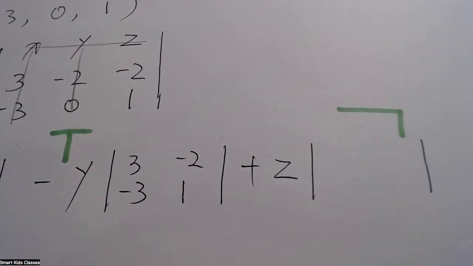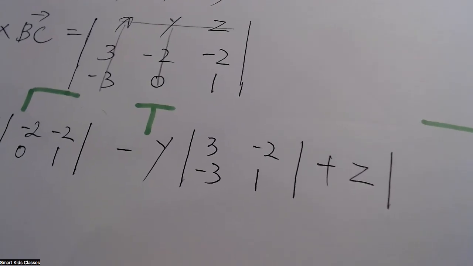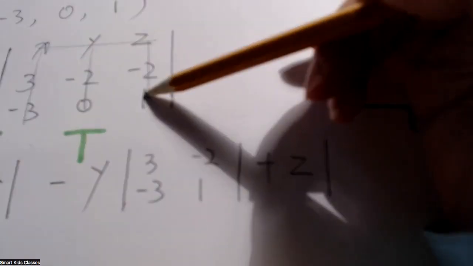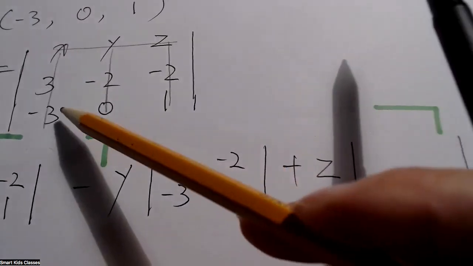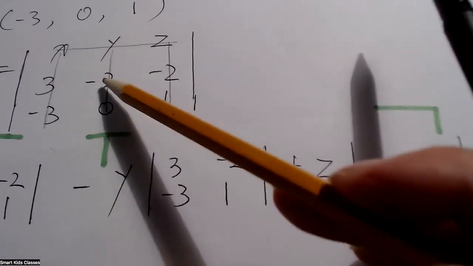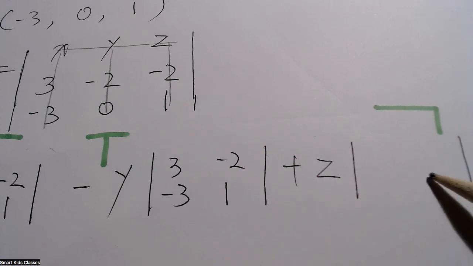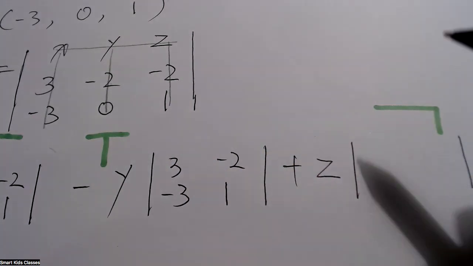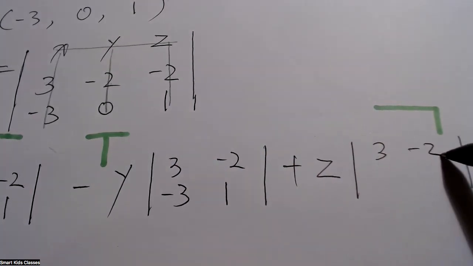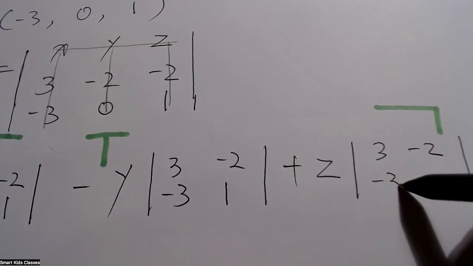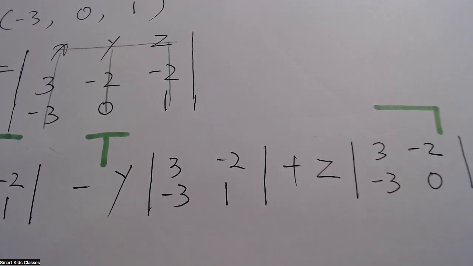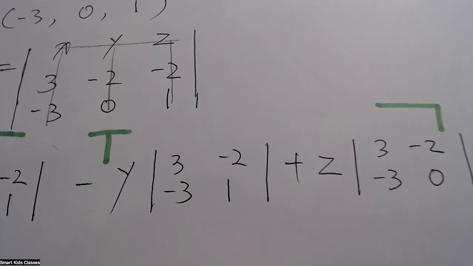Then for Z, the shape is just opposite to X. We do it this way and cross out this row. Whatever is left is these 2 columns, and we directly move them here. Good, so we've done our first step.